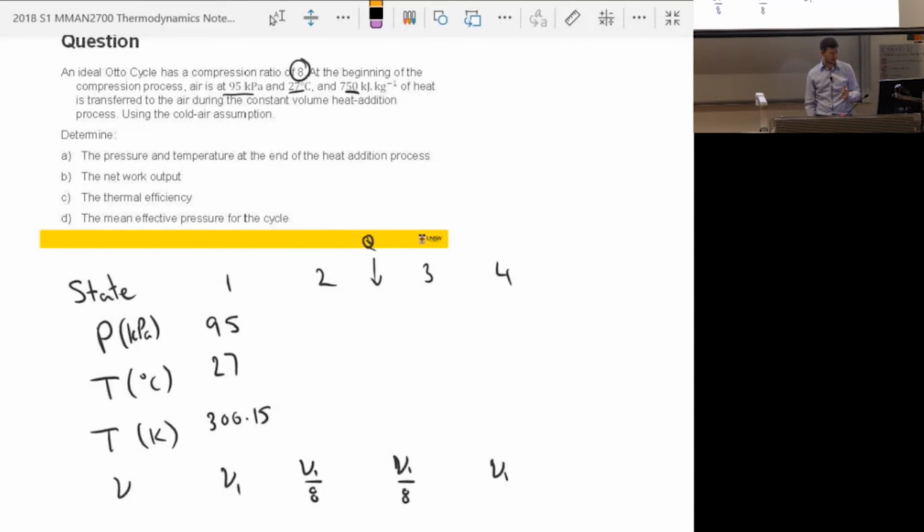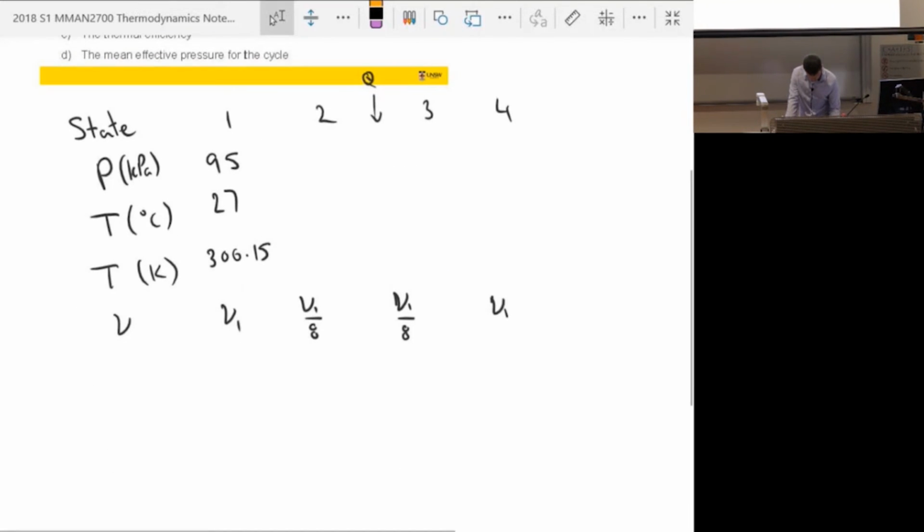All right. We can calculate V1 from PV equals RT.